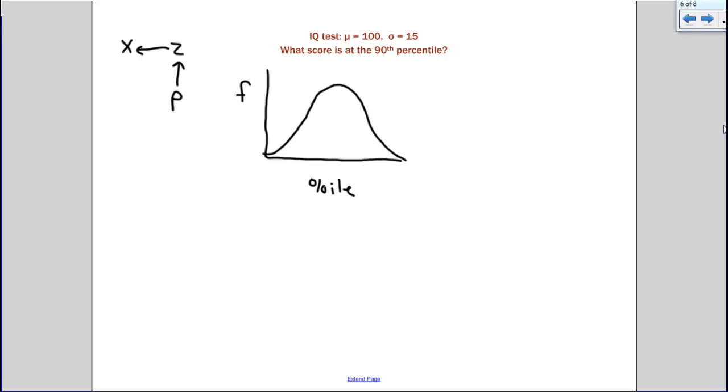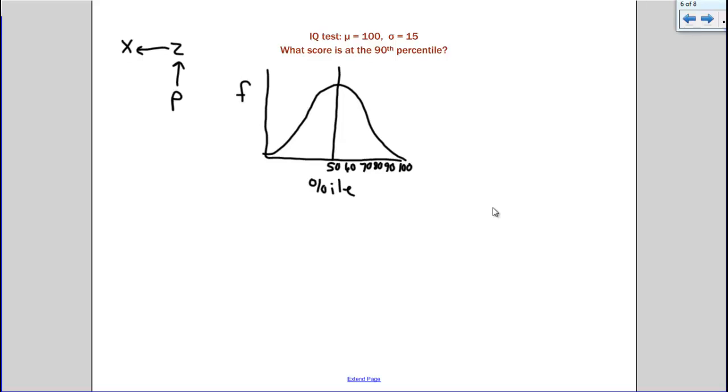So if you think about percentiles, the 50th percentile is in the middle. 50% of scores are equal to or less than the mean. And then as you go to the right of the distribution, the numbers increase. So we've got 50, 60, 70, 80, 90, 100.